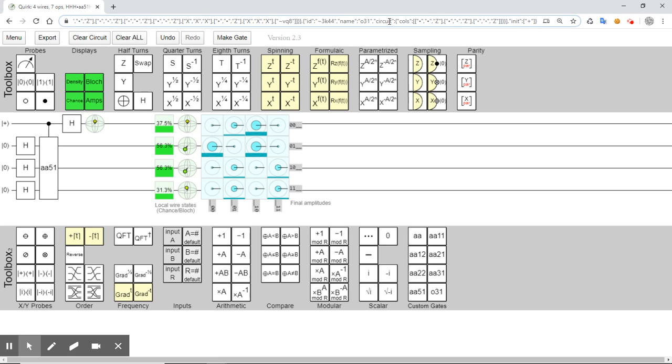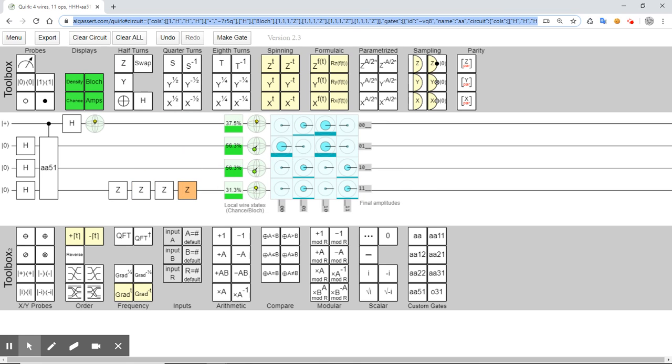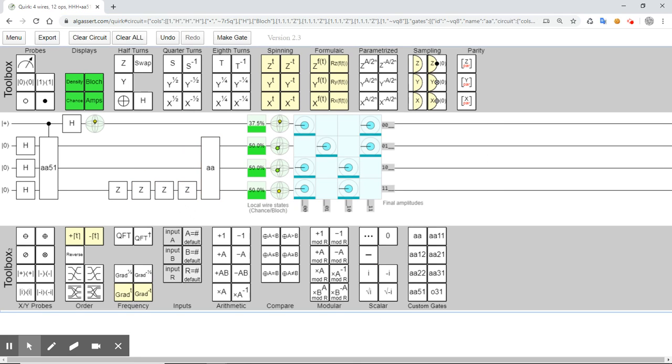Okay, so I want to do 4 solutions. 4 solutions basically means these, and then these.